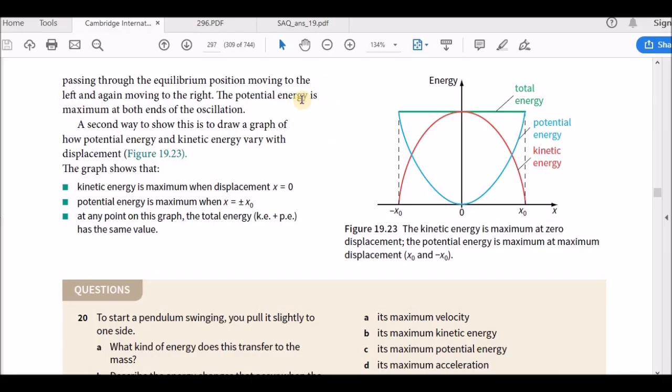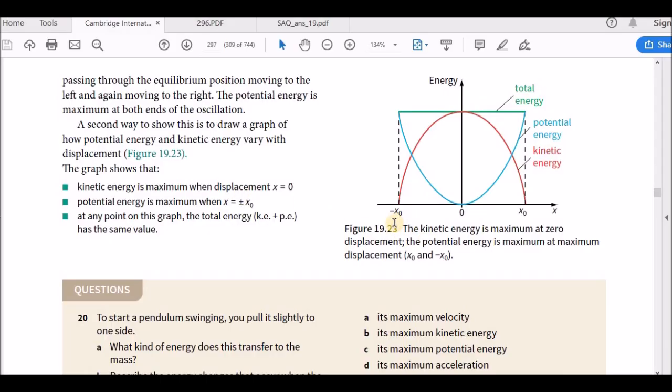Potential energy is maximum at both ends of the oscillation. We went through that already. Kinetic energy is maximum when the displacement is 0. Potential energy is maximum when the displacement is equal to the amplitude, that is at maximum displacement.